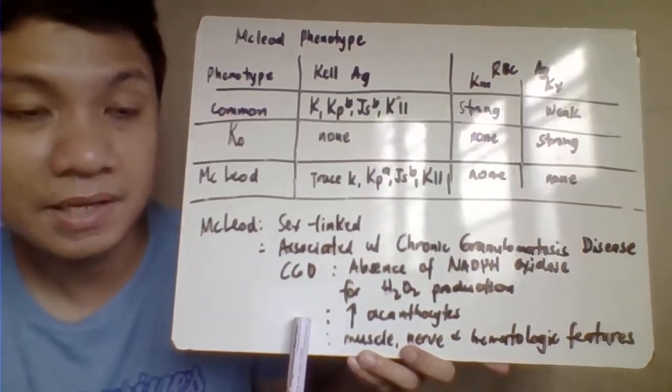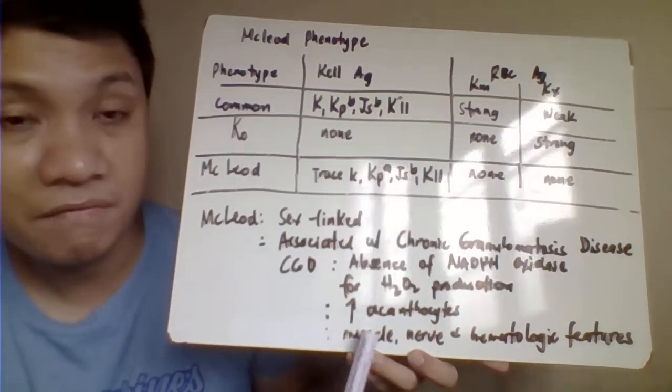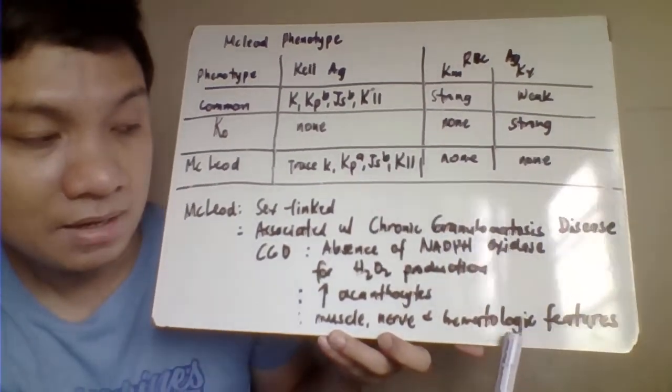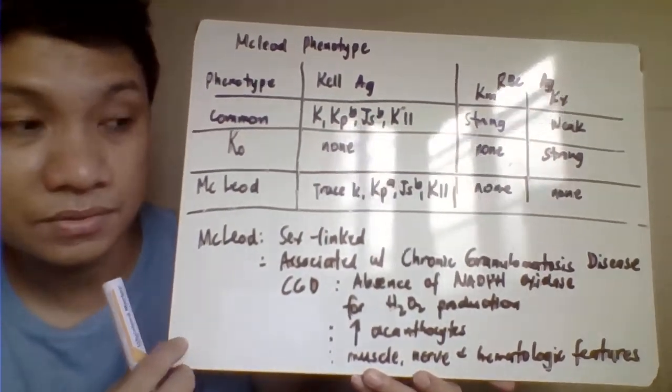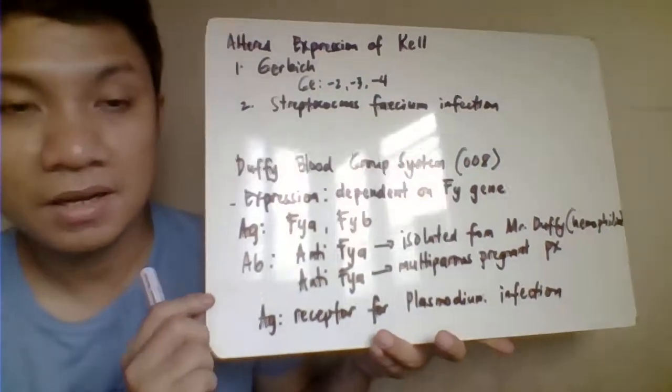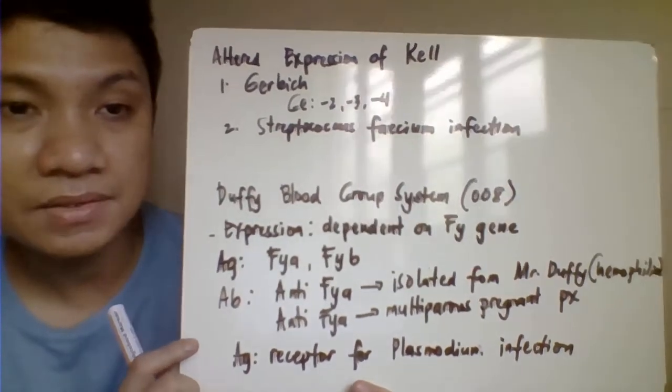Okay, this is also characterized by the presence of acanthocytes, with muscle, nerve, and hematologic features characterized by hemolytic reactions. Then we have also the altered expression of Kell.